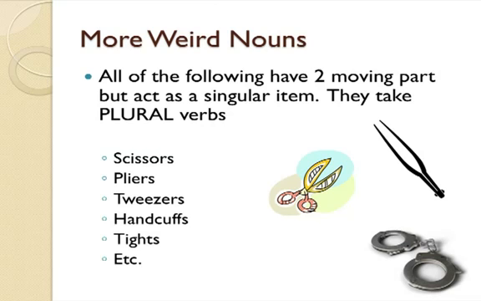So even though tweezers is one thing, like you can hold them up in one hand because there's one item, they take a plural verb, I guess because there's two little pointy things that go with those. And so be wary of these, that you wouldn't say the scissors is over here. It's the scissors are, even though there's only one of them, but they have two moving parts.